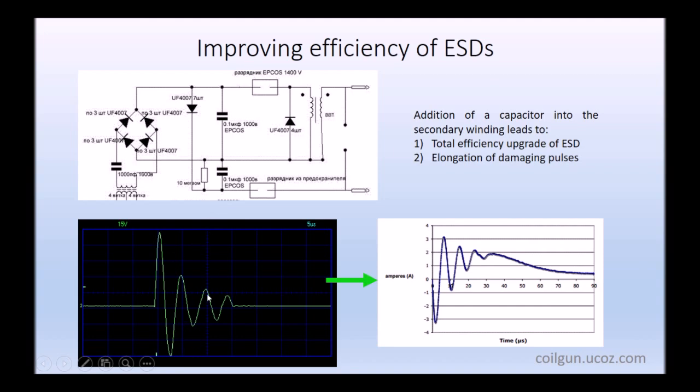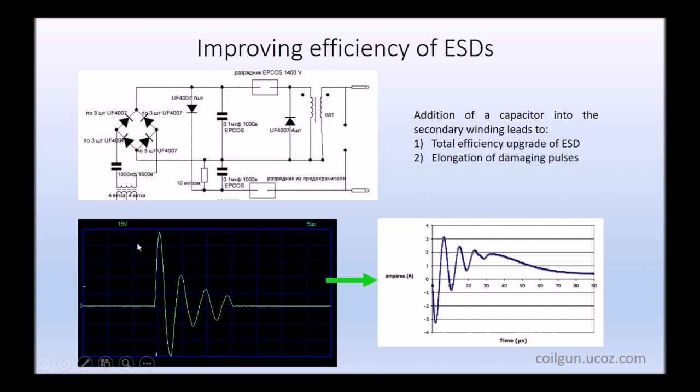For example, this is the pulse sequence of the Russian Thunder shocker with only transformer output, and this is from the Stinger shocker, which is from Taser, I don't remember, in the 10th point of literature in the first slide.